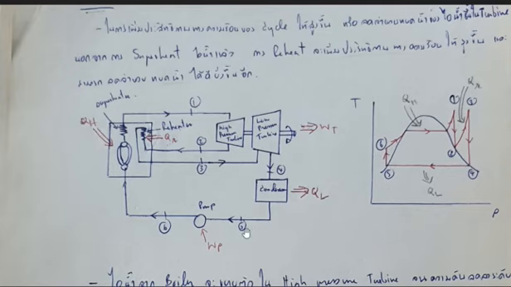So the water would be pumped from 5 to 6, to the boiler pressure, and then it will be heated up to this point. You can see that this is the saturated vapor line, and if we continue heating the steam, it will go up to this point 1.